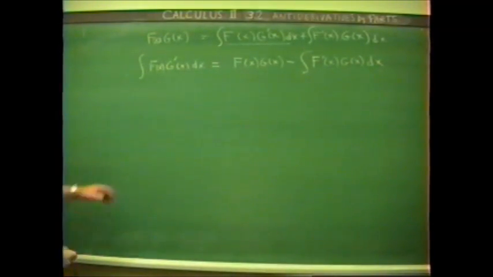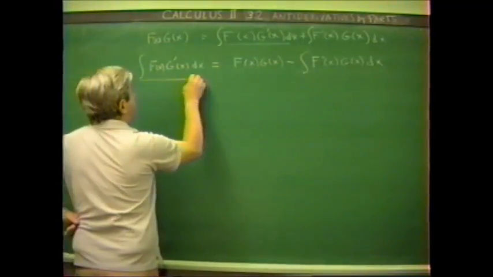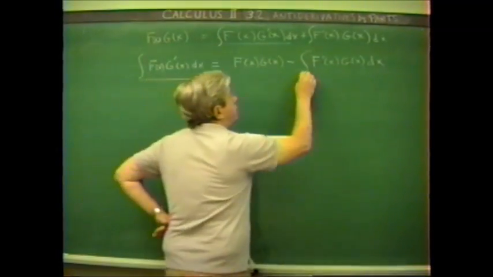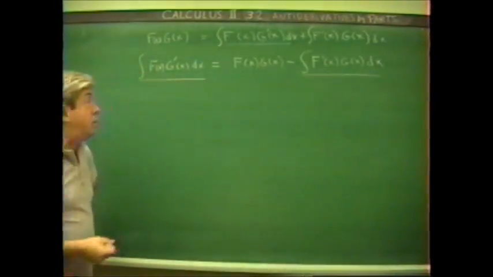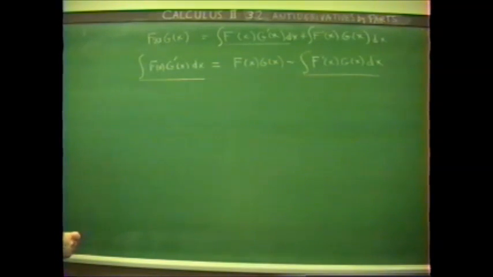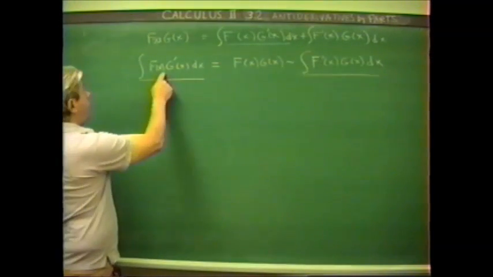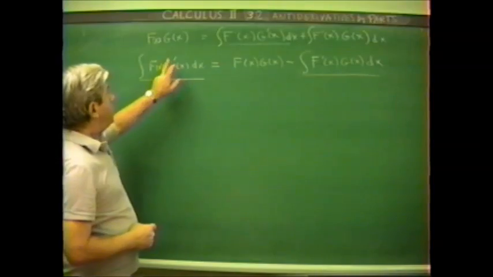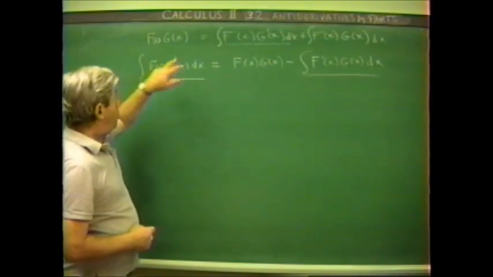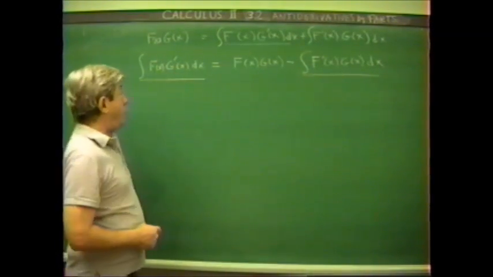Now what this does is the following. It takes a particular antiderivative that you're looking at, and it changes it to a different problem. If the different problem is easier, or you can somehow get a hold of it, then you can solve the original one. So the anti-differentiation by parts really changes the problem to a different one.